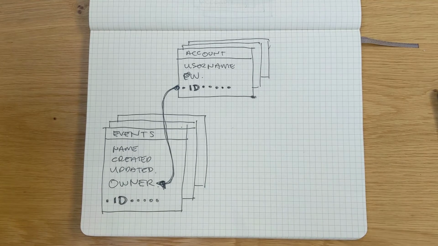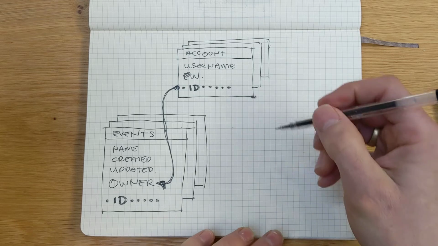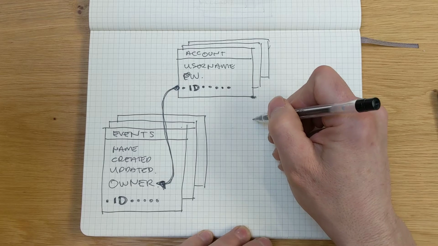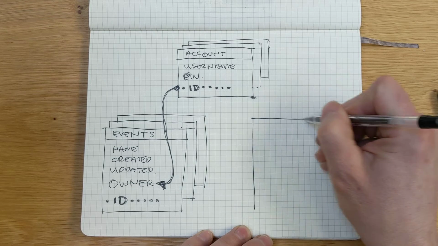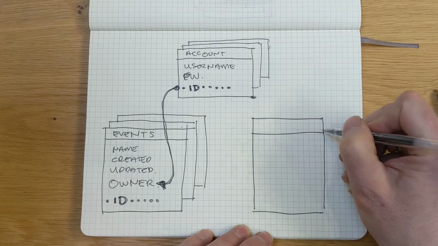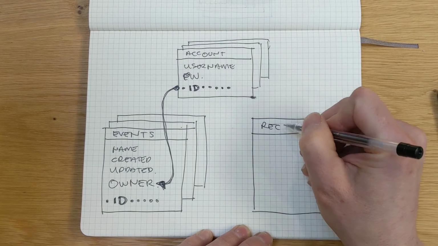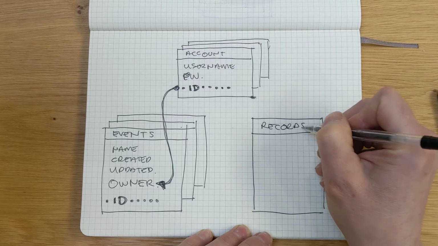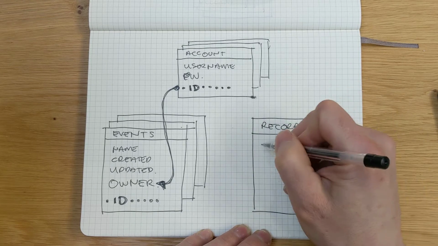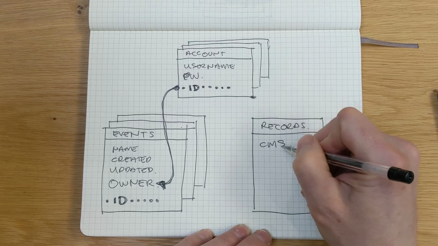What we're going to do now is do that a little bit more, in more detail. I'm going to show you how it's done this time instead of just skimming over it like I did before. We're going to create a records table, or a records collection, and part of it is how many centimeters the record is.